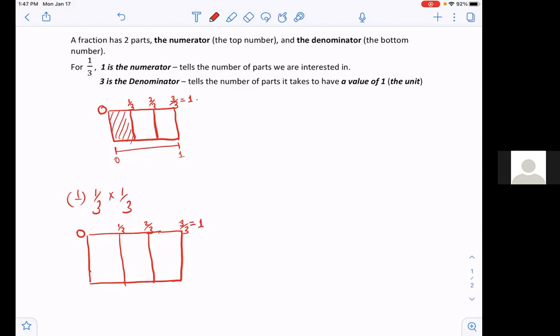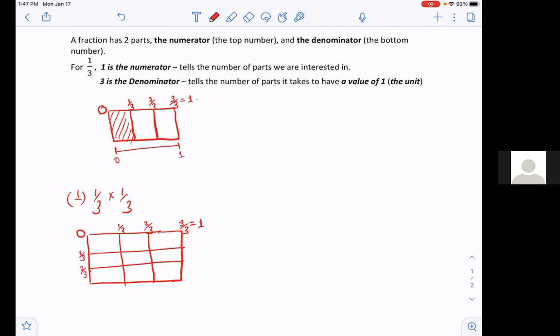Because I want to show also the second fraction, I can show it vertically. So I am going to partition again my rectangular box vertically into 3 equal parts. So from 0 downward to the first partition, that represents a third.